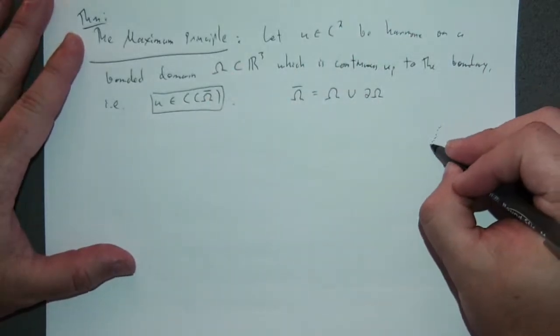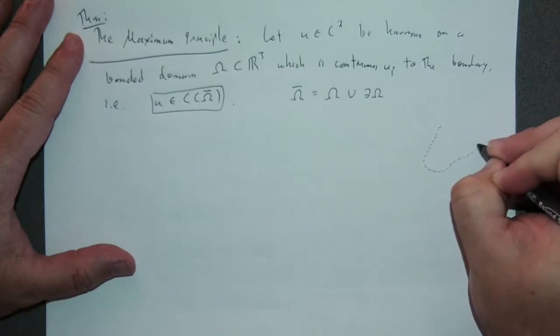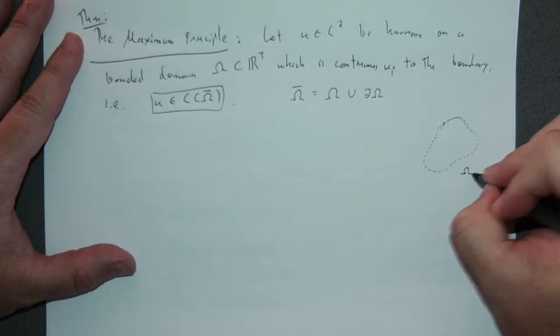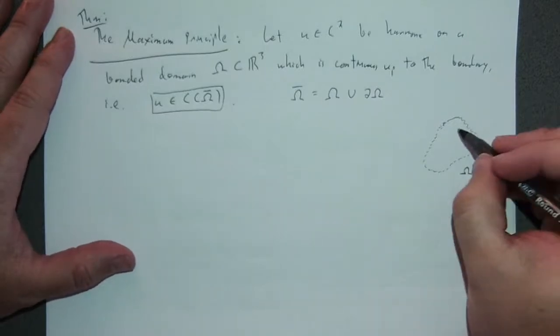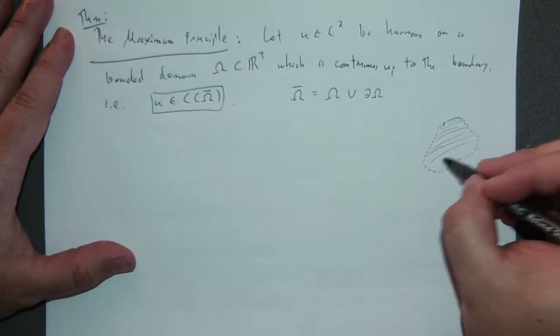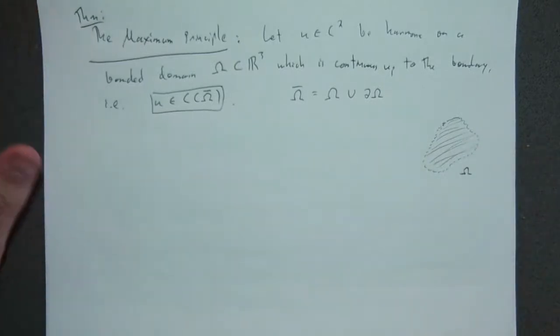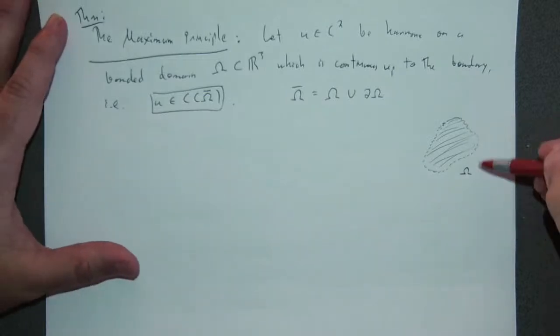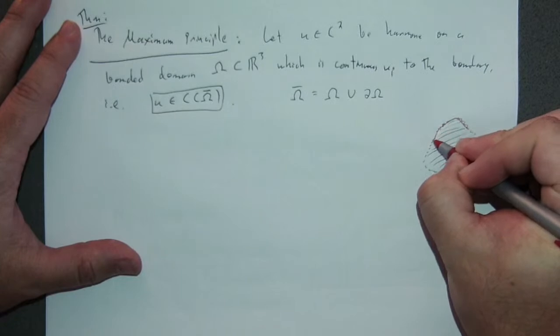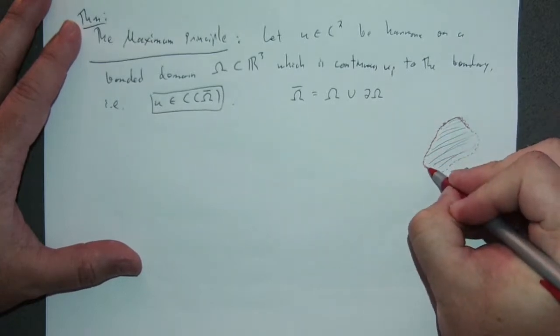So here's what omega looks like. So omega is everything inside of this. And then the boundary, which is not contained in omega itself, is, well, it's this boundary curve.